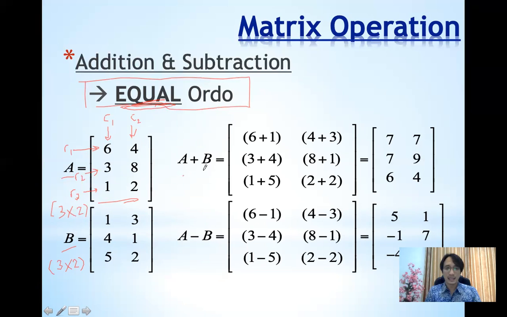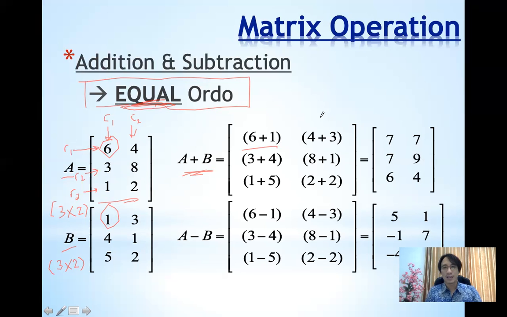A plus B means the first row and first column will be added with the first row and first column in the second matrix. So 6 plus 1, and it will become the result of row number 1 and column number 1 too.